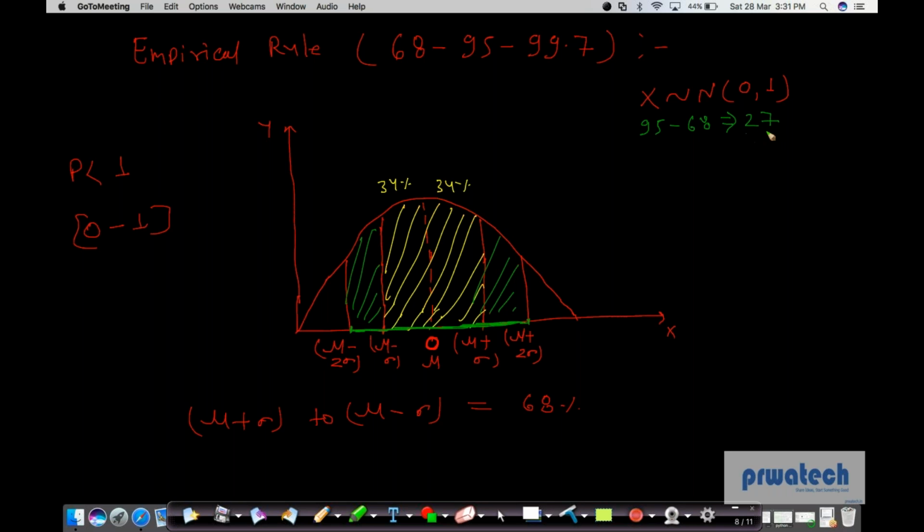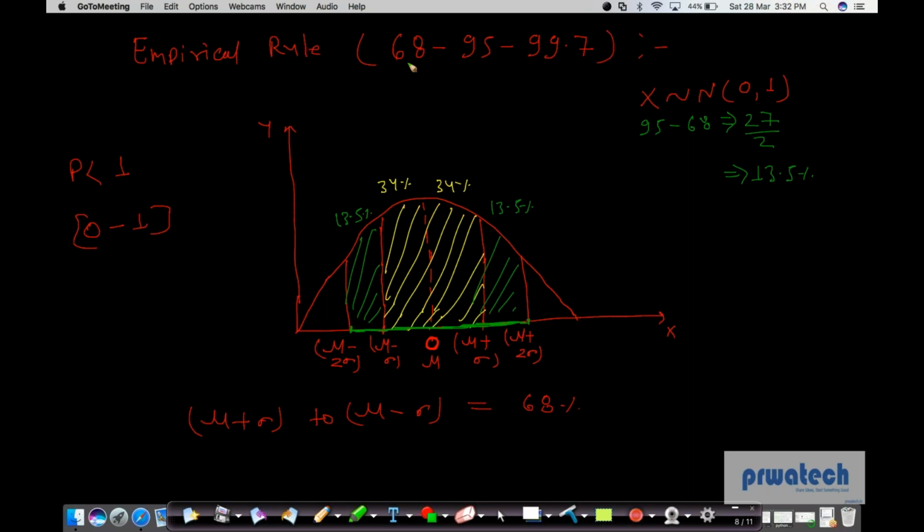So 27 by 2 can be written as 13.5%. So this area is 13.5%, and this area is also 13.5%, till two standard deviations away from the mean and below the mean.